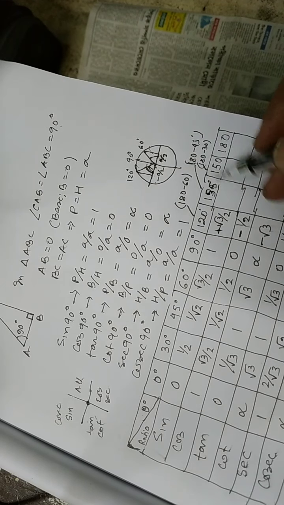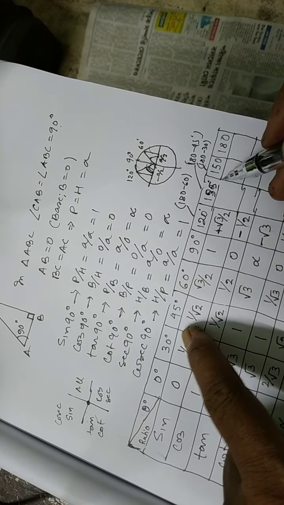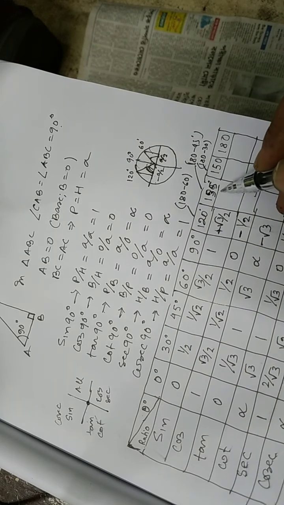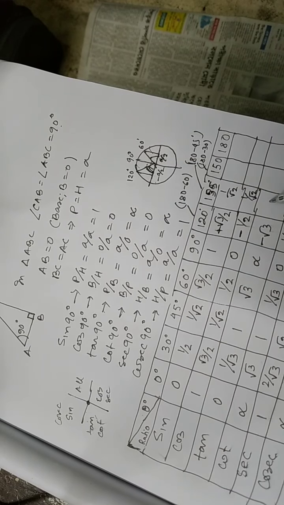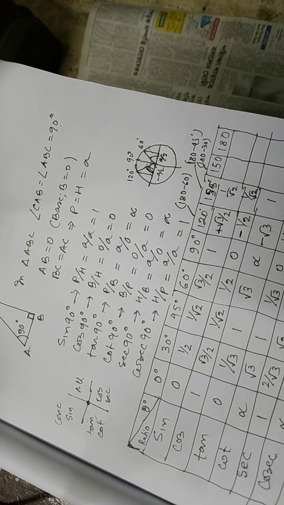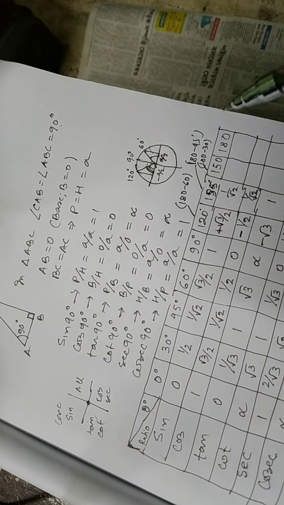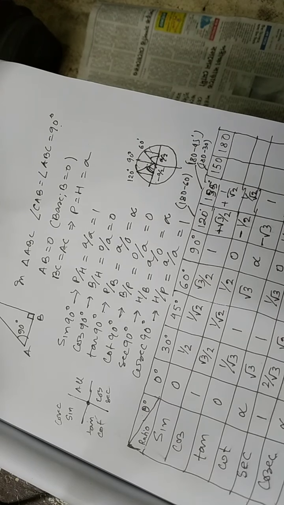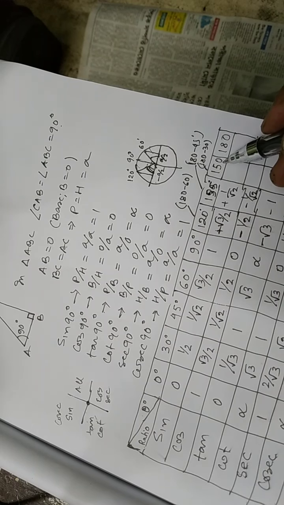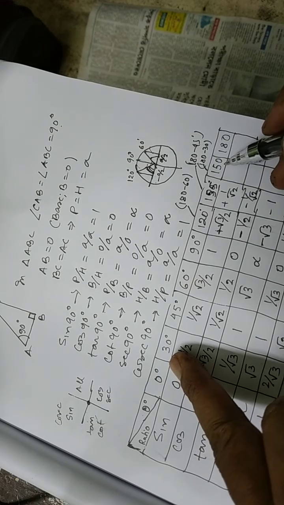For 135 degree, go to the 45 degree chart. The 45 degree chart is 1 by root 2, 1 by root 2, 1, 1, root 2, root 2, right? But again in the second quadrant, sine is positive, cosec is positive, but all others are negative. 150 degree, go to 30 degree.